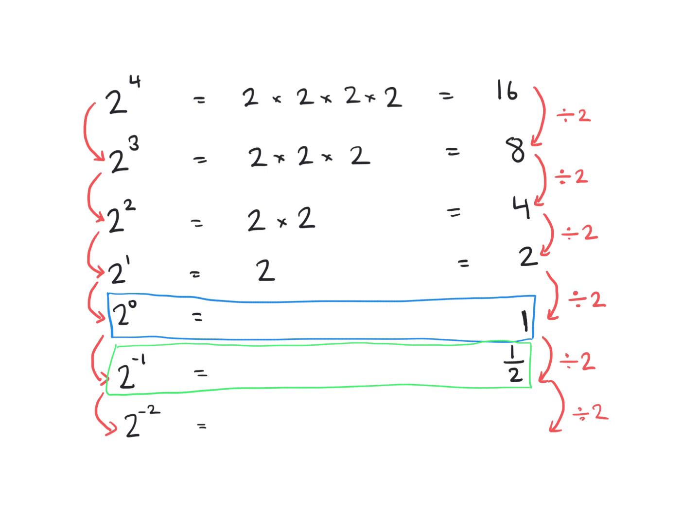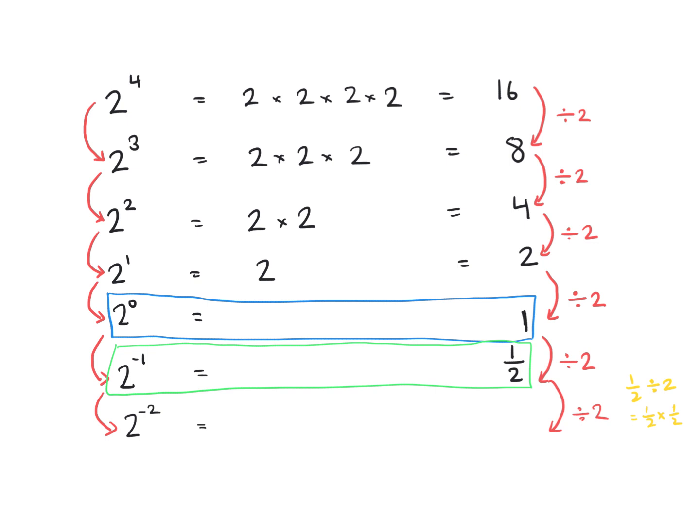And I'm just off to the side going to do a little rough work here. 1/2 divided by 2. To divide fractions, we're going to keep, change, flip. So we kept the half, we changed division to multiplication, and we flipped 2 to 1 over 2.